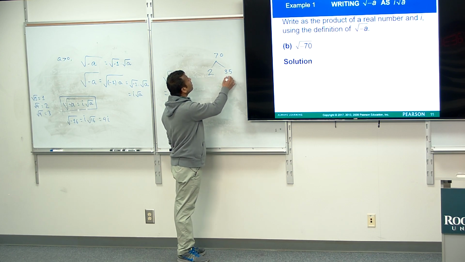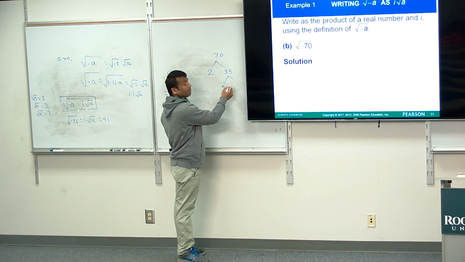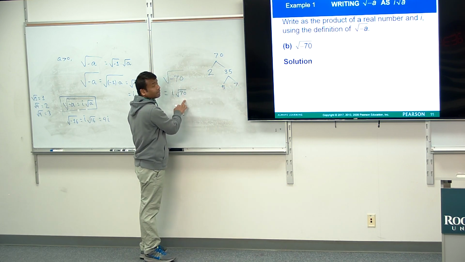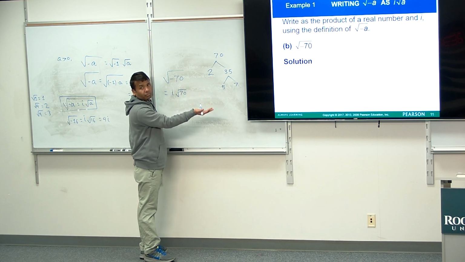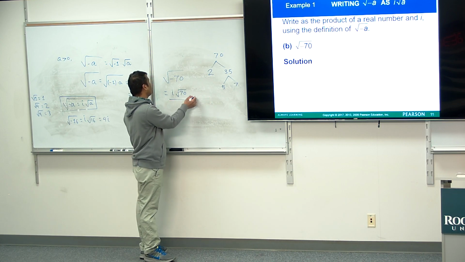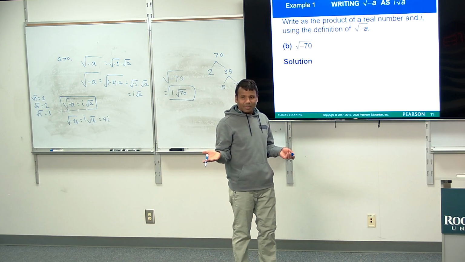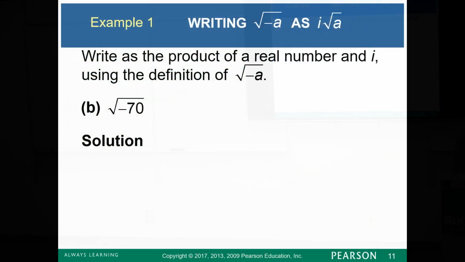What is the least prime number that divides 35? 5, is that right? So now you cannot write this as a product of a square number and another number. So this is the final answer. Did that make sense? Are you guys with me?